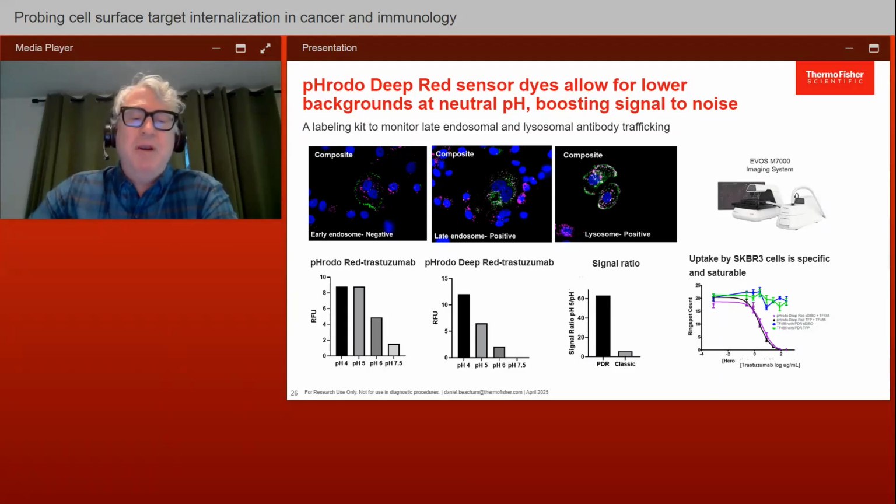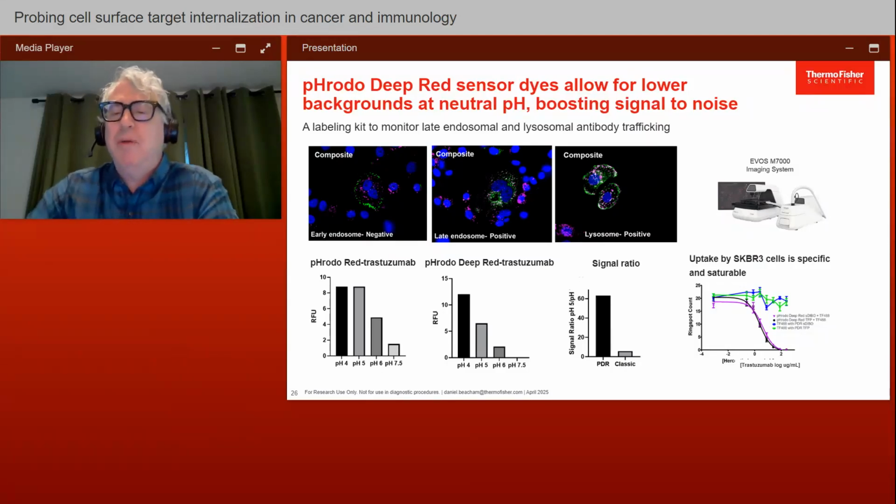Whereas these dyes over here just have a fluorogenic increase in signal with protonation, so it's a non-zero signal that gets brighter. That makes a big difference in detection, but also the specificity for those late endosomes and lysosomes really stands out in the pH activation.